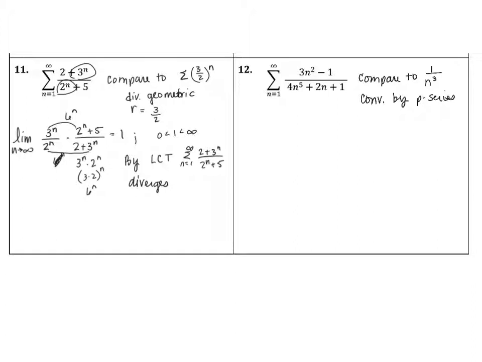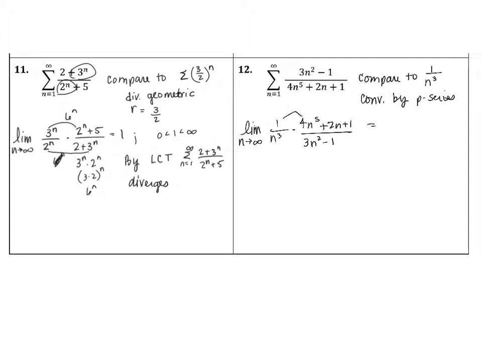That is convergent. And so again, looking at our limit as n approaches infinity of 1 over n cubed times this reciprocal over 3n squared minus 1.